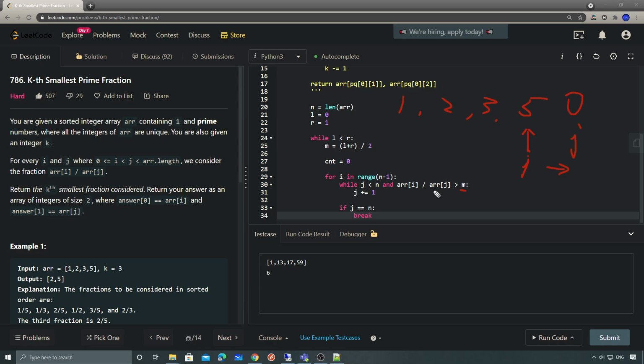Then we simply break, because even if we move I forward to the right side, the fraction will become bigger and bigger.